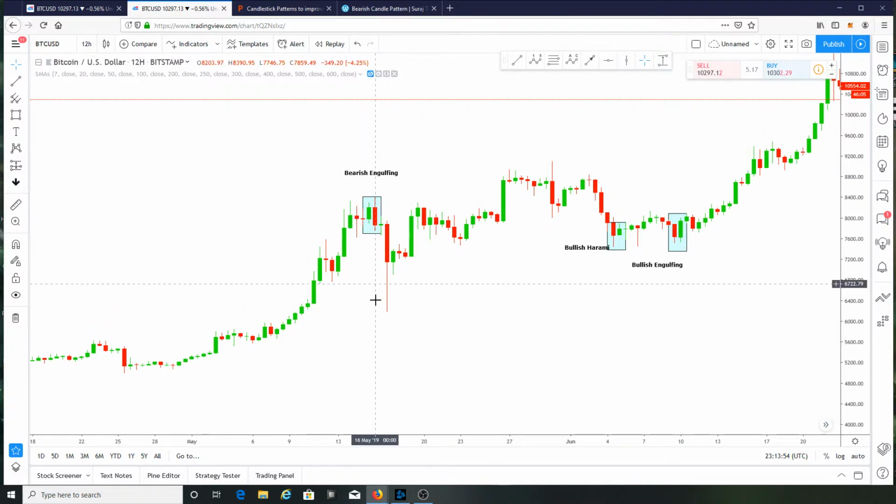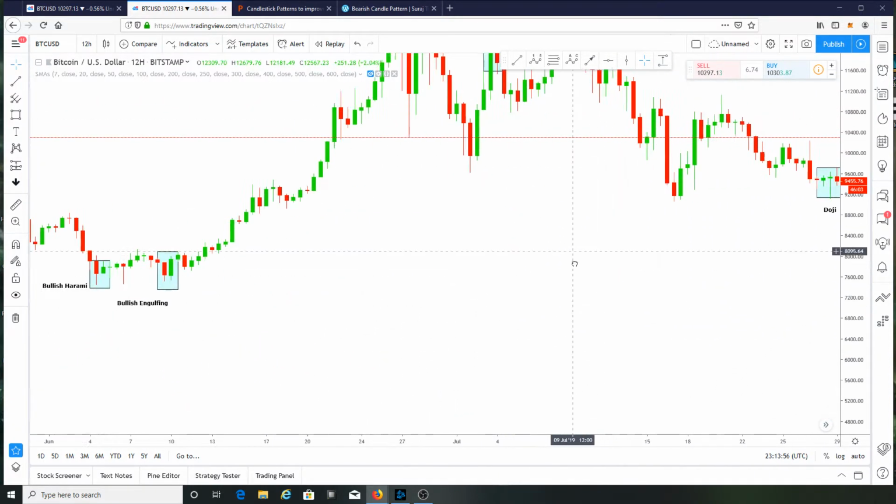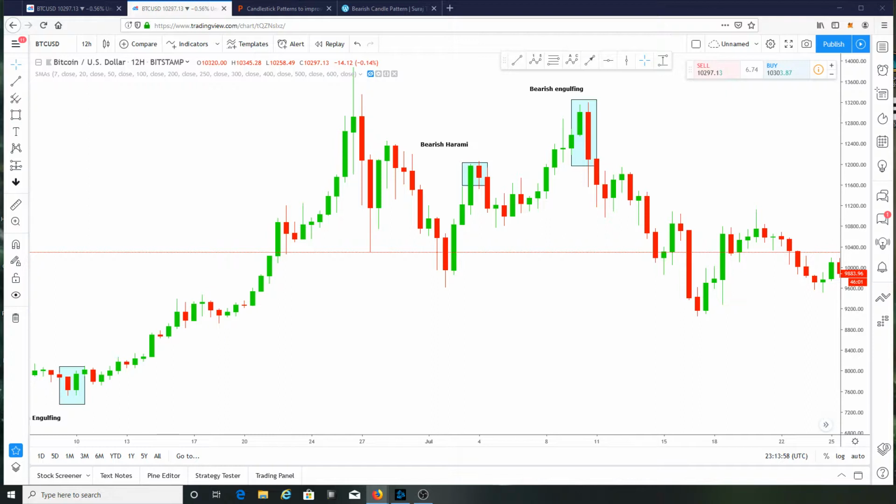I think we talked about bearish engulfing. A bearish harami is really just the opposite of the bullish one. It's just a smaller real body, or smaller candle body, inside the previous day's body. This is not so much a pattern to act on, but it's one that you want to watch and take note of.